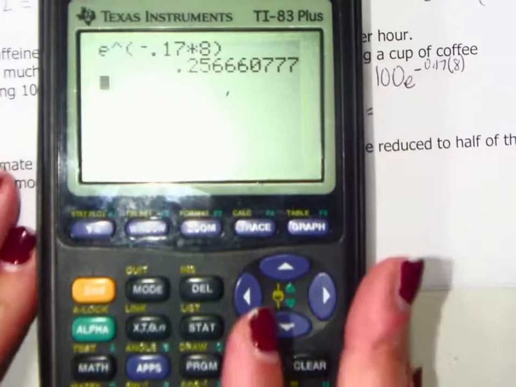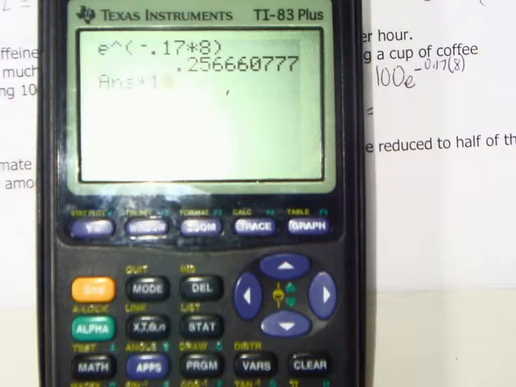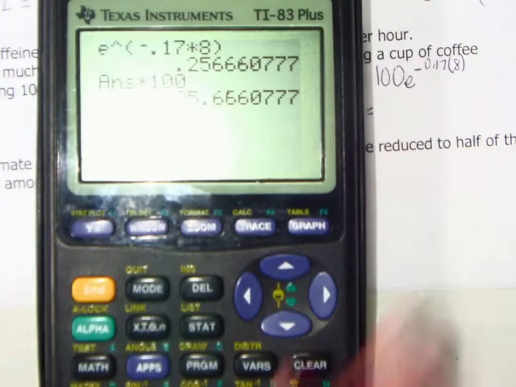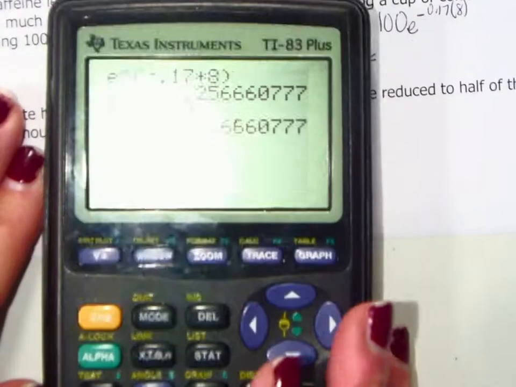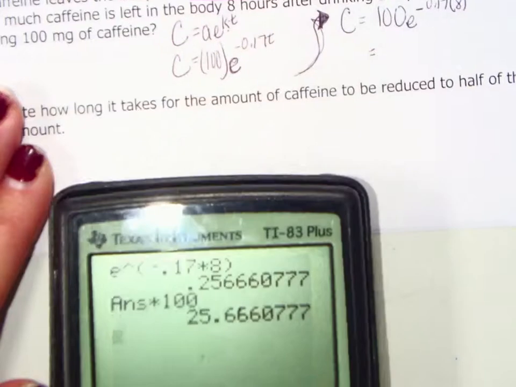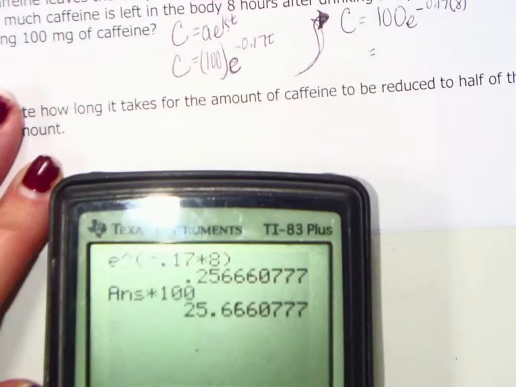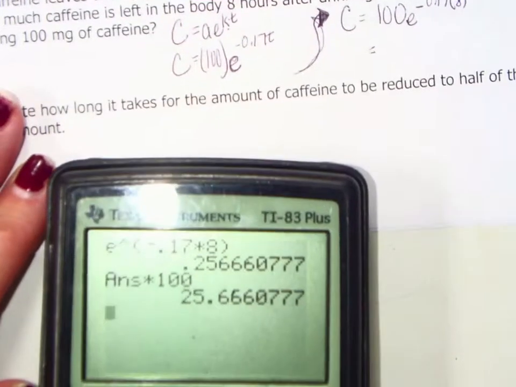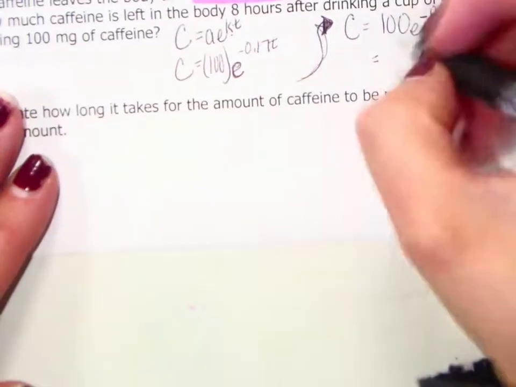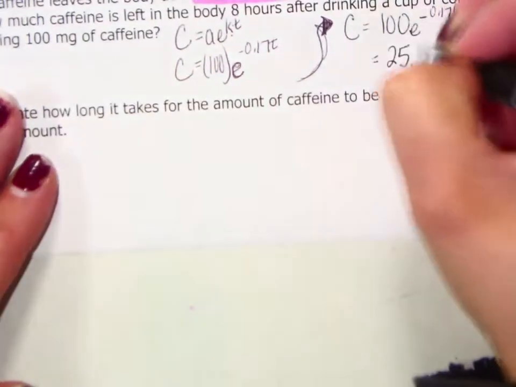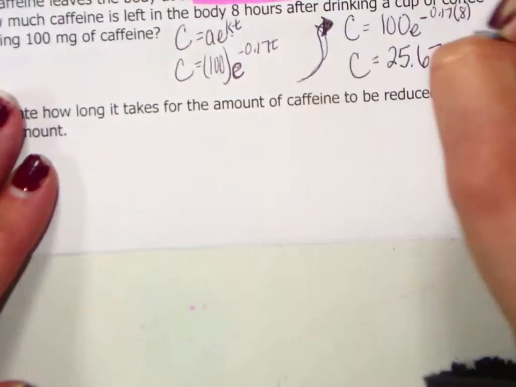And then multiply that by your initial value, the 100. I think that's the easiest way to enter all of that in your calculator. I guess you could do it all at once, but people just don't use parentheses correctly and you get wrong answers. So we're seeing 25.67, and that's milligrams of caffeine.